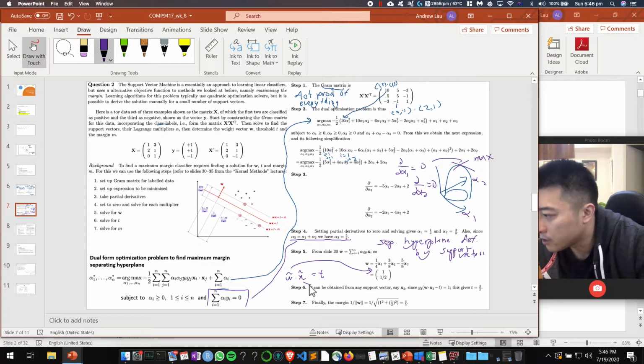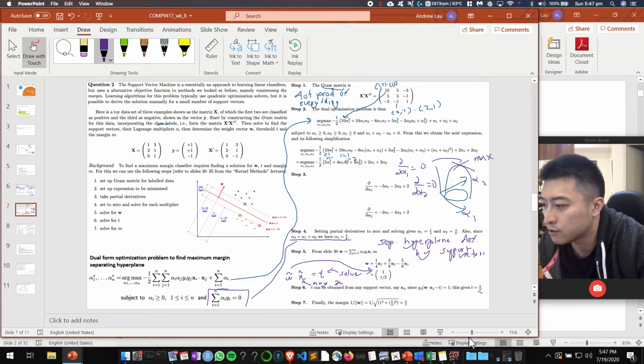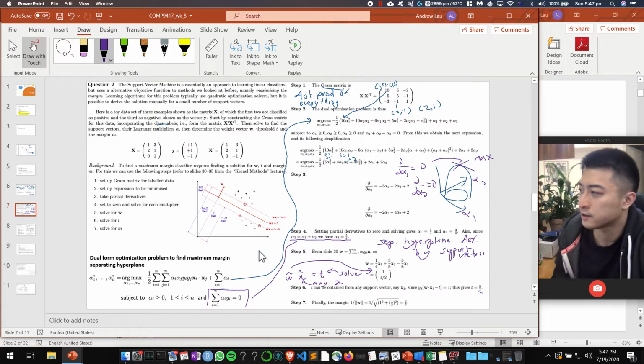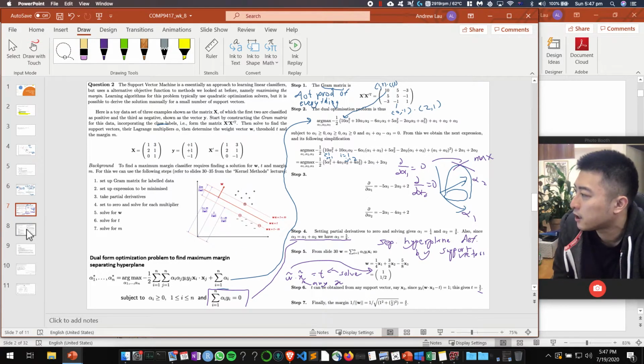We can actually just use any x, and then we can solve for t, which is what we do here, and we get t is equal to 3/2, and then we just go 1 on the norm of w, and we have our margin. Cool. So this one's probably a little hairy, but try to step through each of these in your own time.